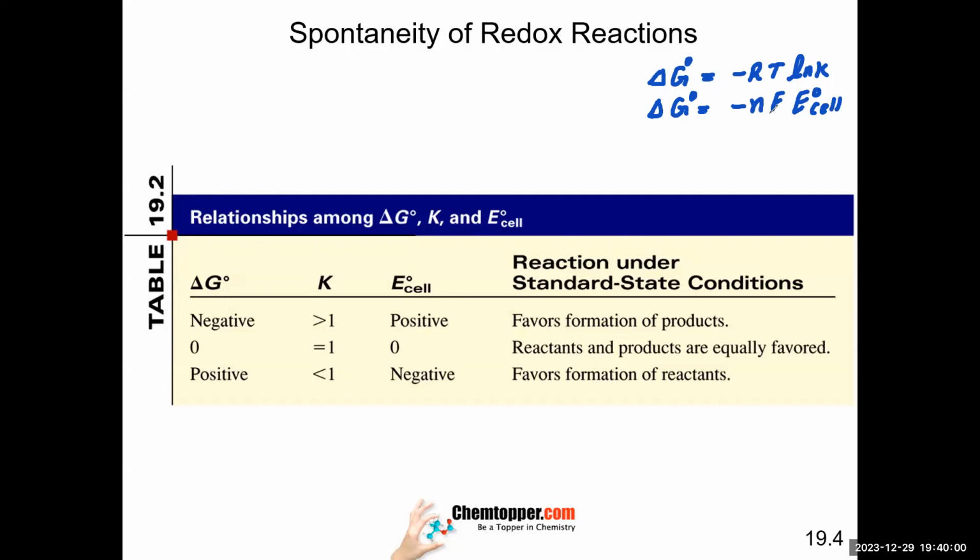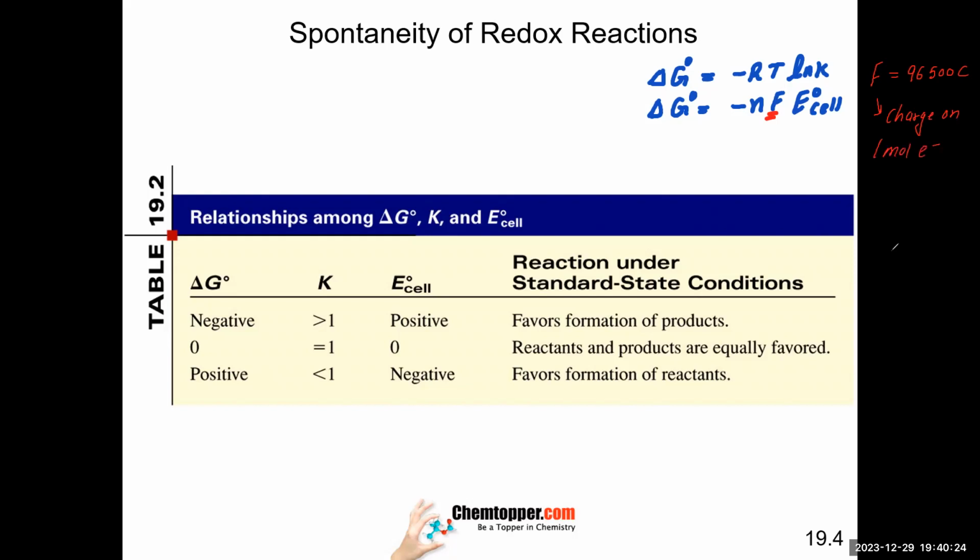Do you remember F? F is the Faraday's constant and it has a value of 96,500 coulombs. It's a constant. It is the charge on 1 mole of electrons.